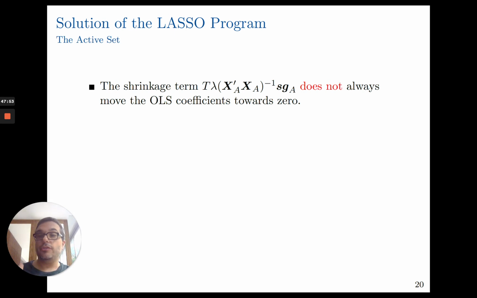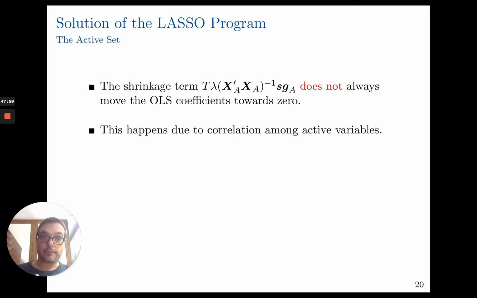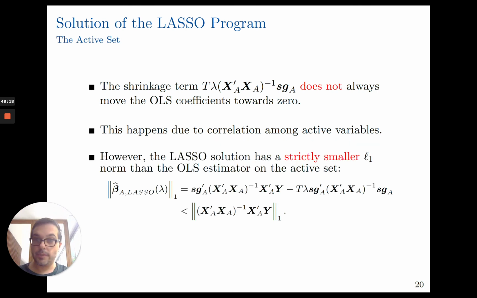So the shrinkage term does not move the OLS coefficient towards 0, but it moves the L1 norm of the coefficient towards 0. And why the first bullet point happens is due to correlation among active variables.